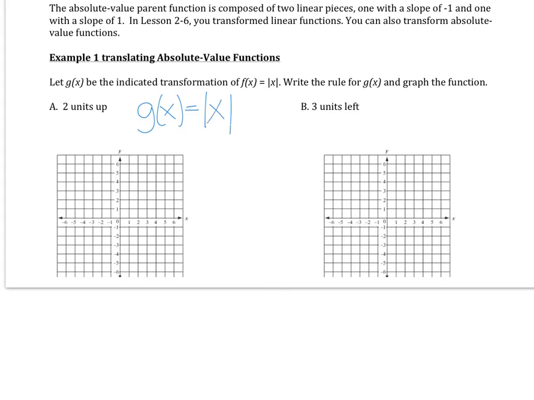So I don't do anything to that. 2 units up means I'm going to add, so plus 2. Graph the parent function, and then graph g of x. It's moving 2 units up.